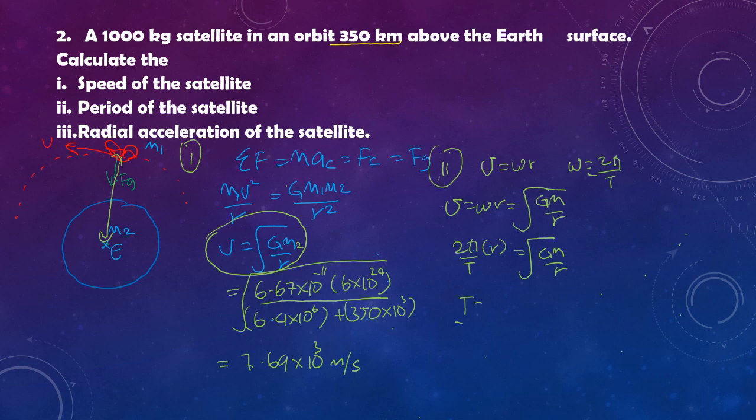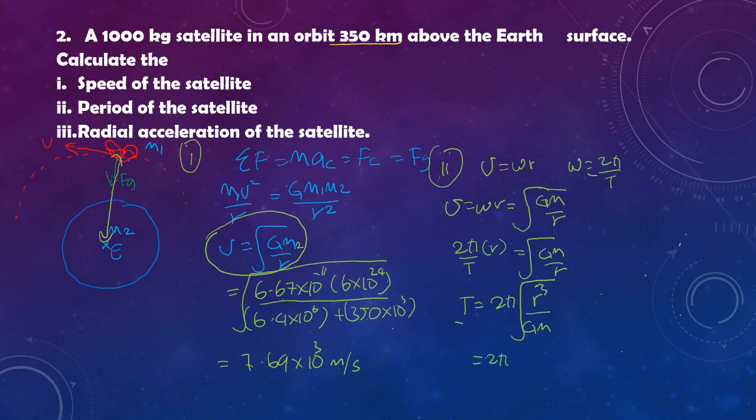We will get T is equal to 2 pi times the square root of r cubed over GM. Don't forget your 2 pi here. As usual, we substitute the values.